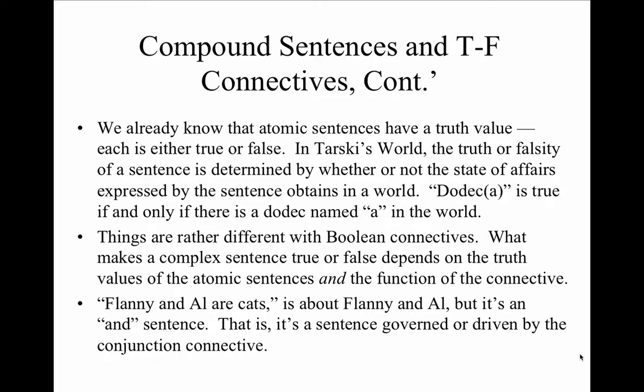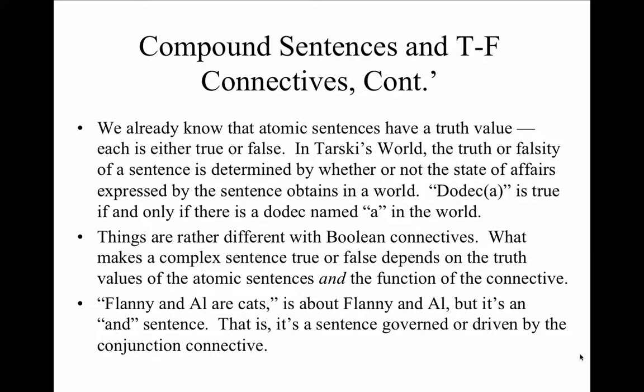Instead, what we do is we take what are called possible truth values. So a sentence, A is a dodeck, is either true or false. Those are its possible truth values. We take a sentence's possible truth values and, combined with the meaning of a given connective, we generate a value for the sentence as a whole.